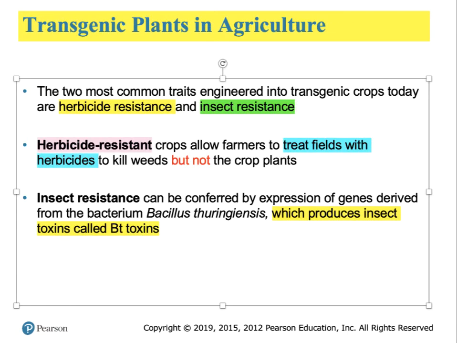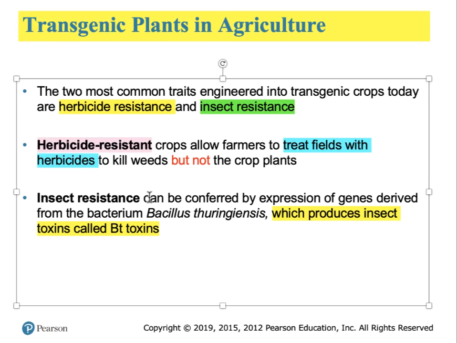2 of the most manipulated traits when it comes to plant transgenics are the resistance to herbicide and the resistance to insects. So herbicide-resistant crops allow farmers to treat entire fields with that herbicide, for instance Roundup, and the Roundup will kill the weeds, but it won't kill the crop plants because they contain enzymes able to neutralize the Roundup and other herbicides.